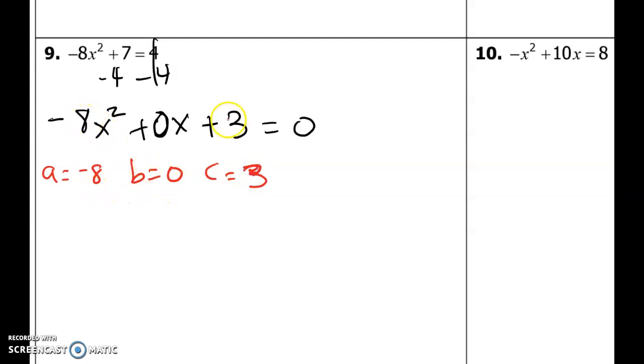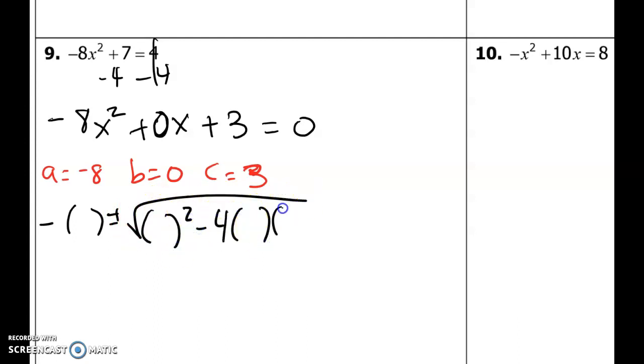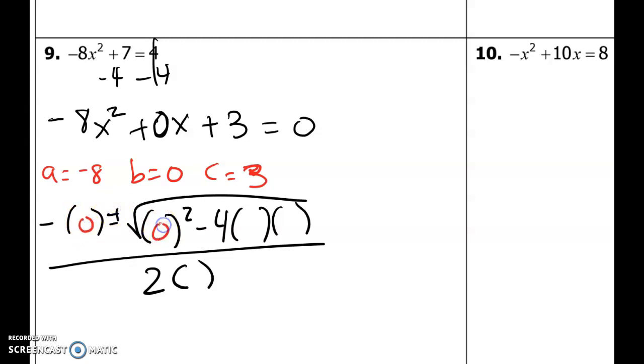So a is negative 8, b is 0, and c is 3. Now to substitute this into our formula, I always write the formula with parentheses, so that when I substitute in my values, I don't make any errors with the sign.